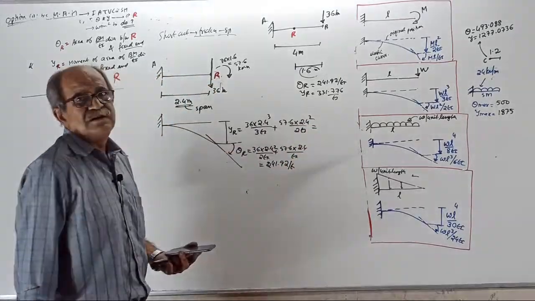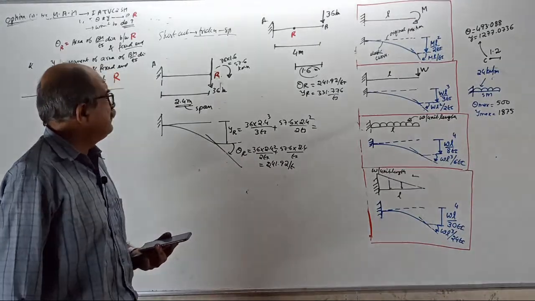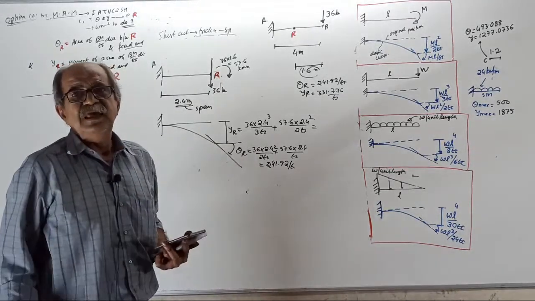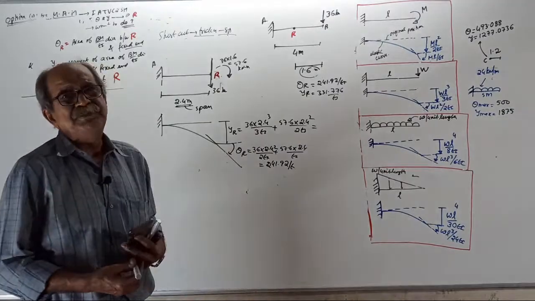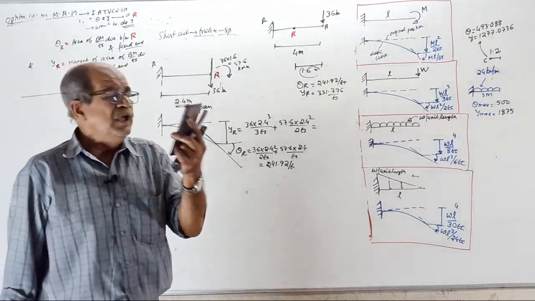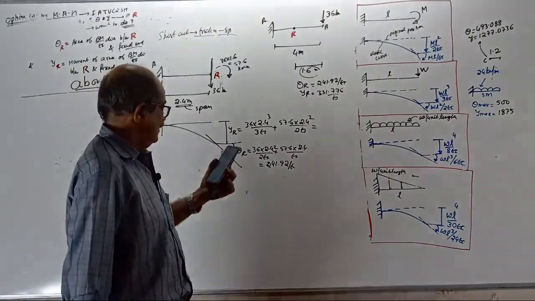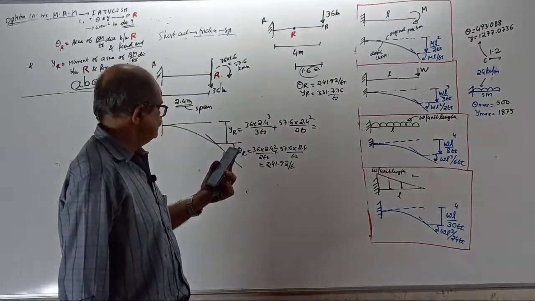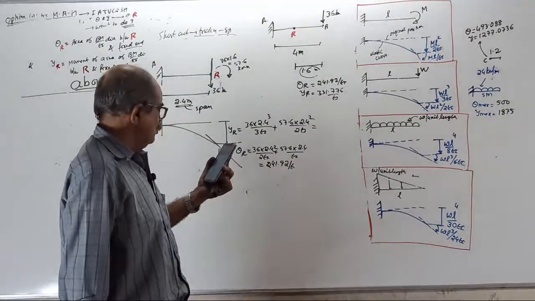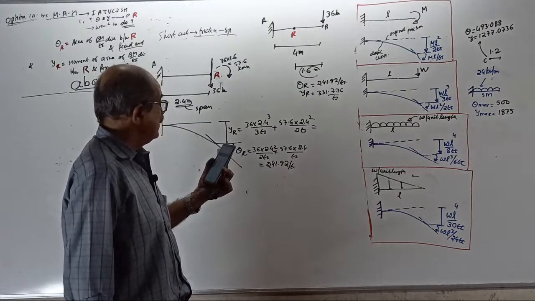These formulas you have to learn by heart. After some time, if you forget the formula, you should know how to derive it. How much is the answer? 36 into 2.4 cube by 3 plus 57.6 into 2.4 square by 2 is something.